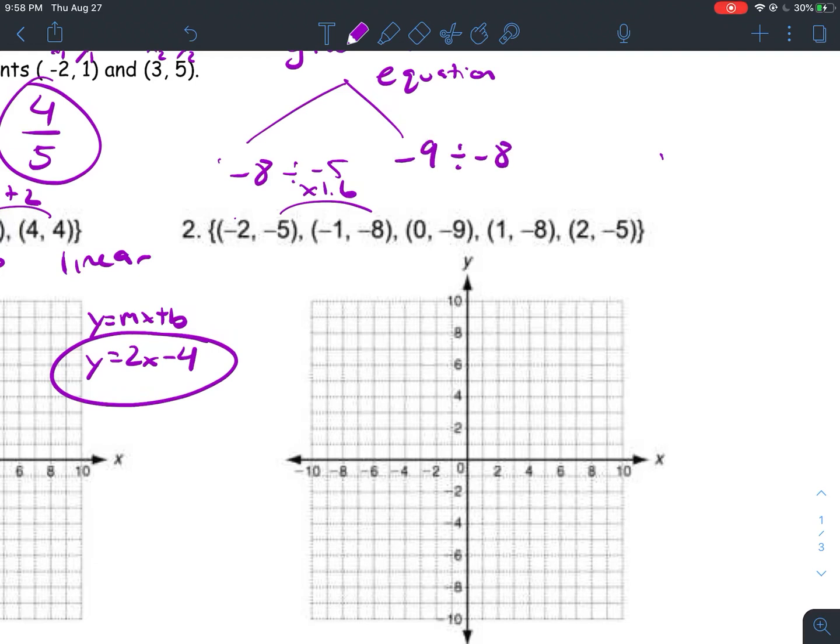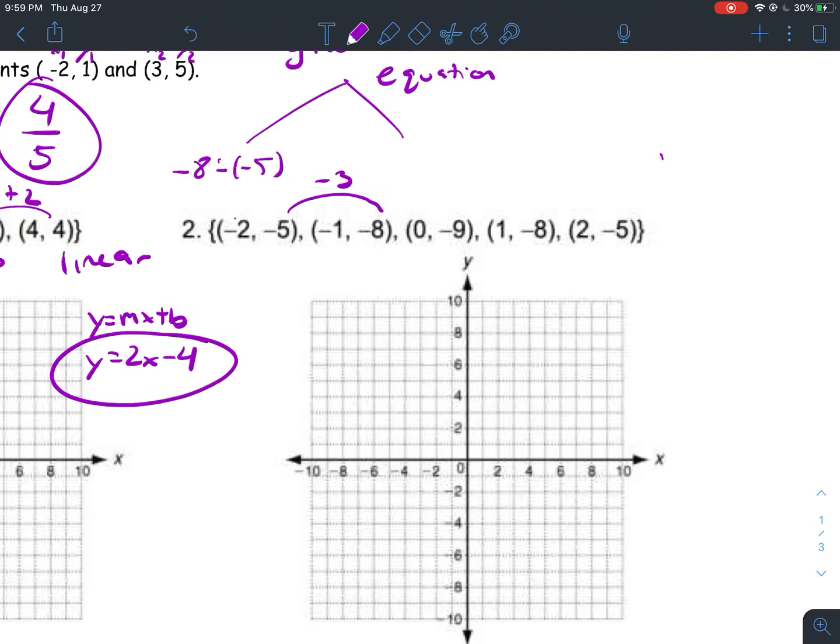Now we'll do -9 divided by -8. We end up with times 1.125. Okay, so this is not an exponential because we do not have a common ratio, so we're going to get rid of that. So now let's see, maybe it's a quadratic. Here we went down by 3, right?